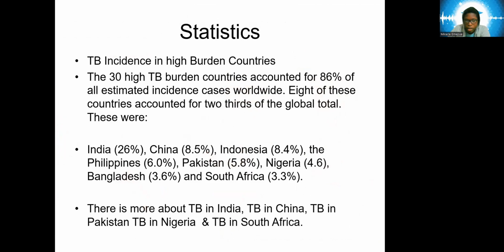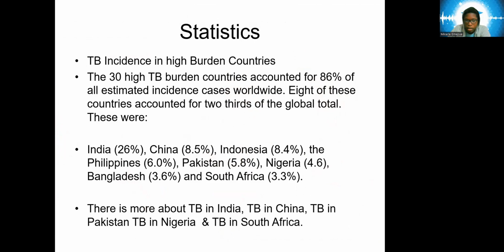Statistics. TB incidence is high in high burden countries. 30 high TB burden countries accounted for 86% of all estimated incidence cases worldwide. 8 of these countries accounted for two-thirds of the global total.